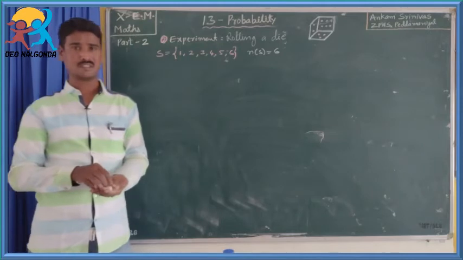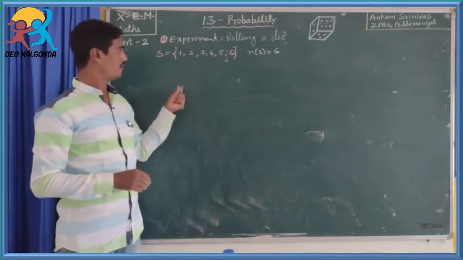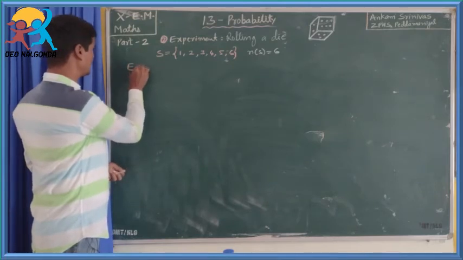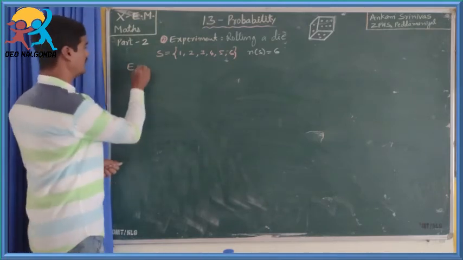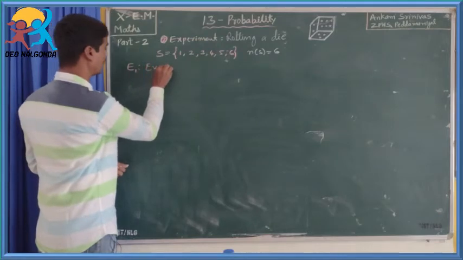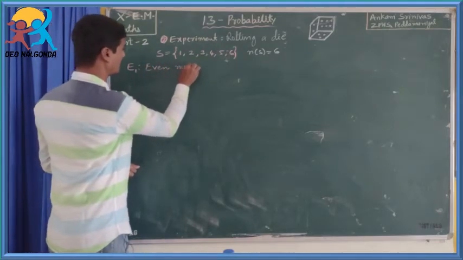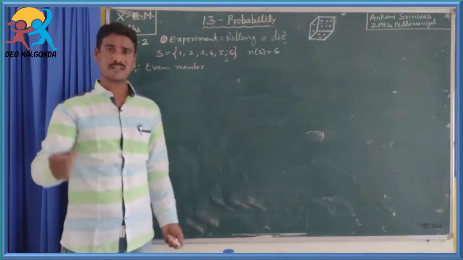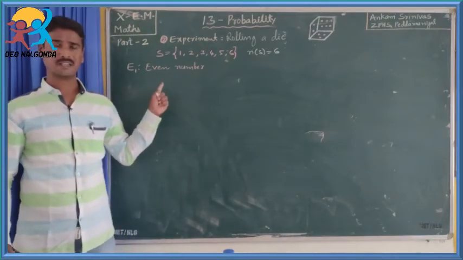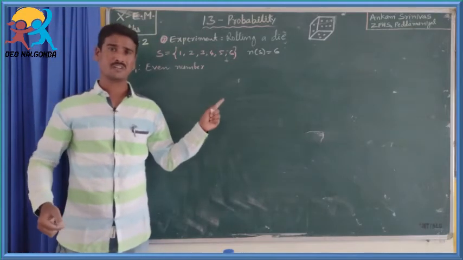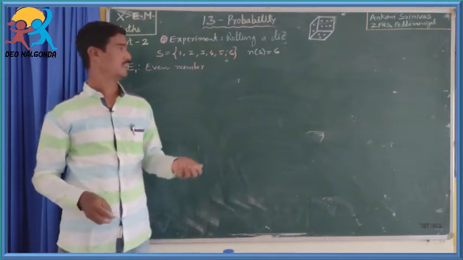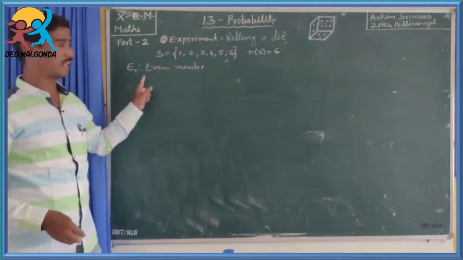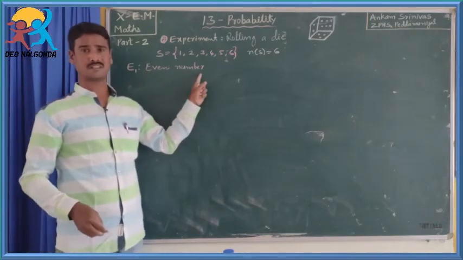What type of problems do we get that depend on rolling a die? Let us suppose we take some event. The first event I am taking is event 1, even number. What is the probability to get an even number when a die is thrown at a time?